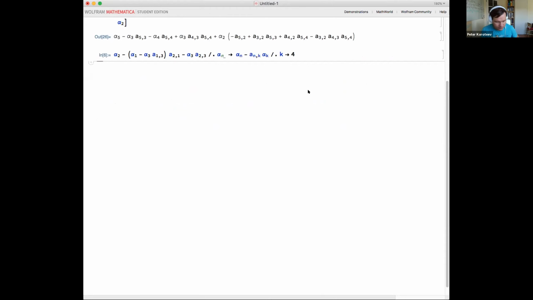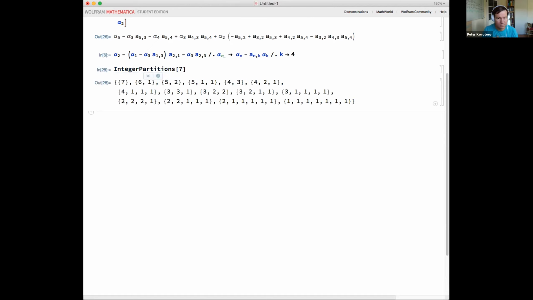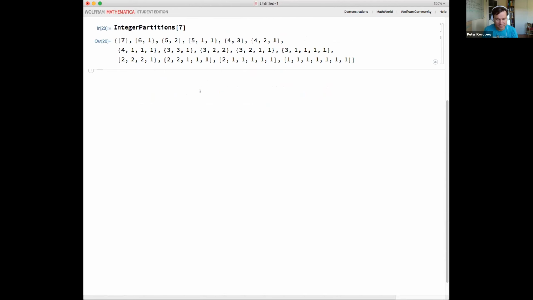Okay, so let's check on the integer partitions of 7. Let's start with 7, right? So let's first start with not divisible by 3.